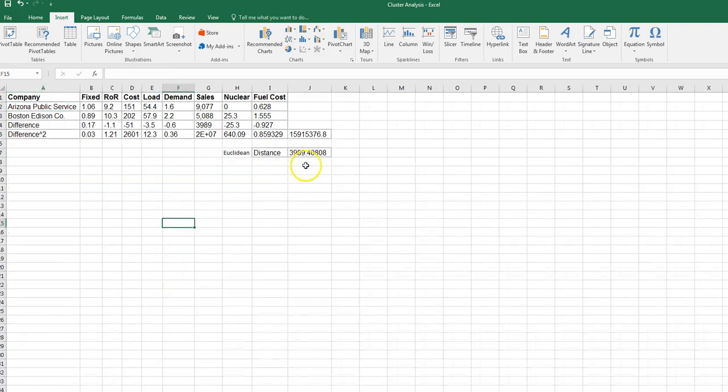Now, the difficulty that we face when we just use the Euclidean distance is that this number can be a very high number based on what variable or what measures you're using, especially because you're squaring them up and then taking the square root of those numbers. So this might be a very big number, and it might be difficult to compare across multiple observations.